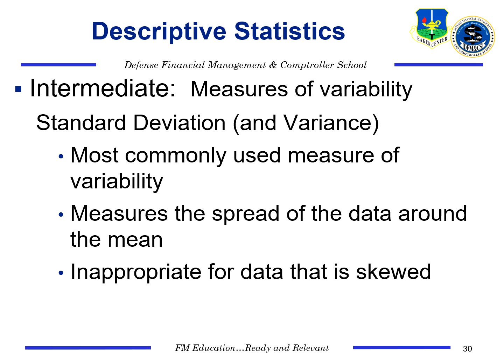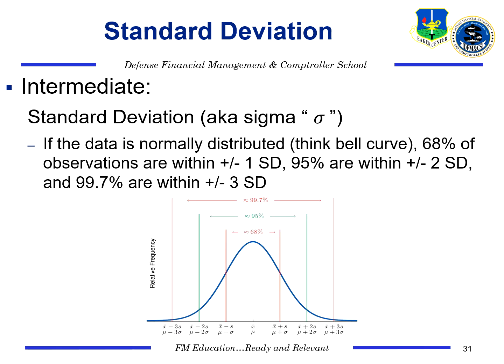Some more descriptive statistics is the standard deviation. Here's some information about that. If we delve more into the standard deviation, we find out that 68% of observations are normally within 1 standard deviation, 95% of observations are within 2 standard deviations, and 99.7% of observations are within 3 standard deviations.